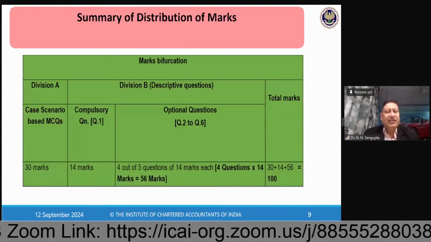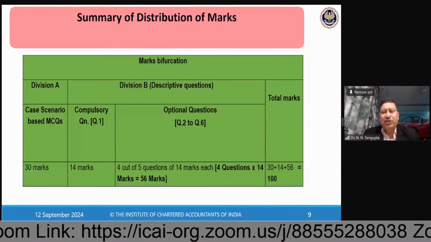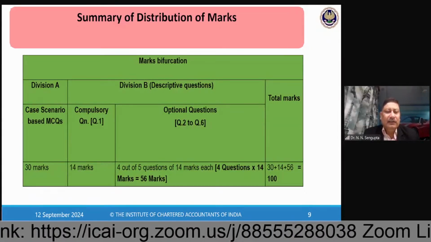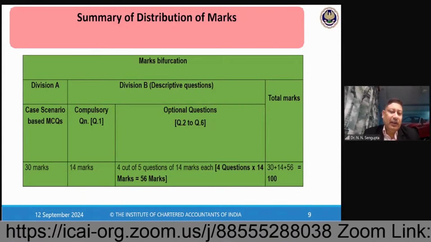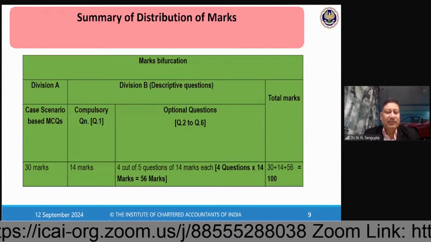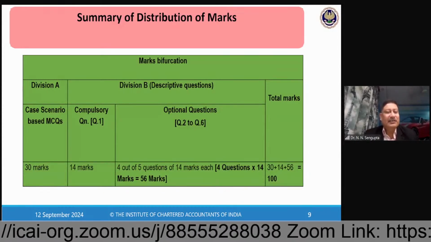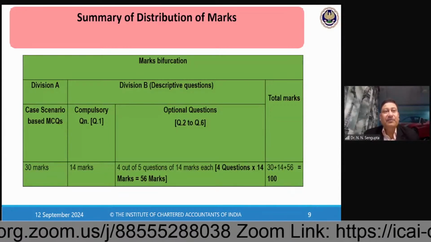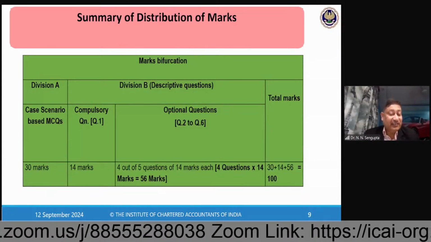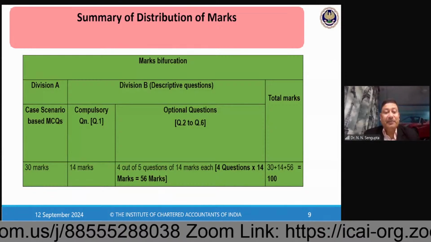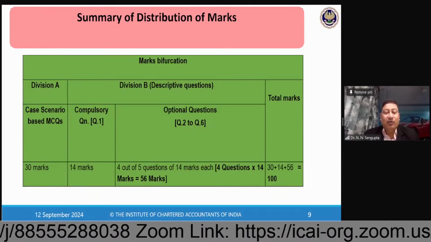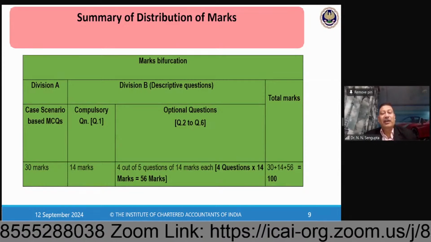Marks bifurcation: there is question number 1, which is a compulsory question, the MCQ part out of the 30. There are 2 case scenarios of 10 marks each, and 5 caselets of 2 marks each. That's the 30 marks. And in the descriptive part, there is 1 compulsory question of 14 marks, and then out of the rest 5 questions, you need to attempt 4.